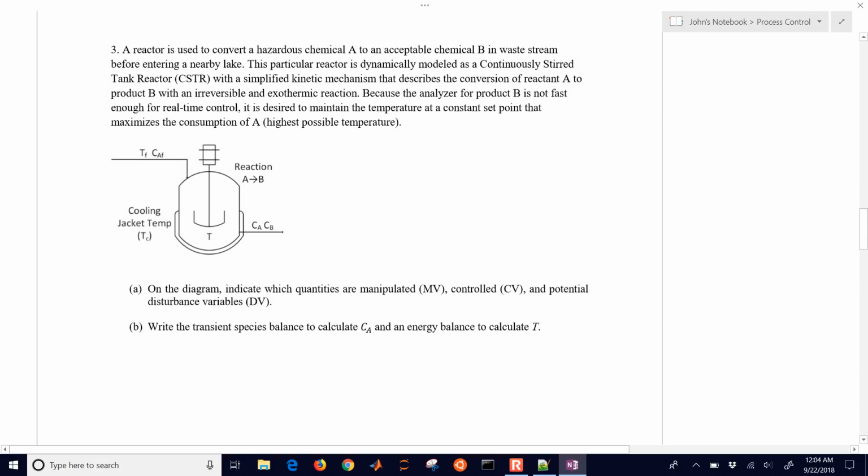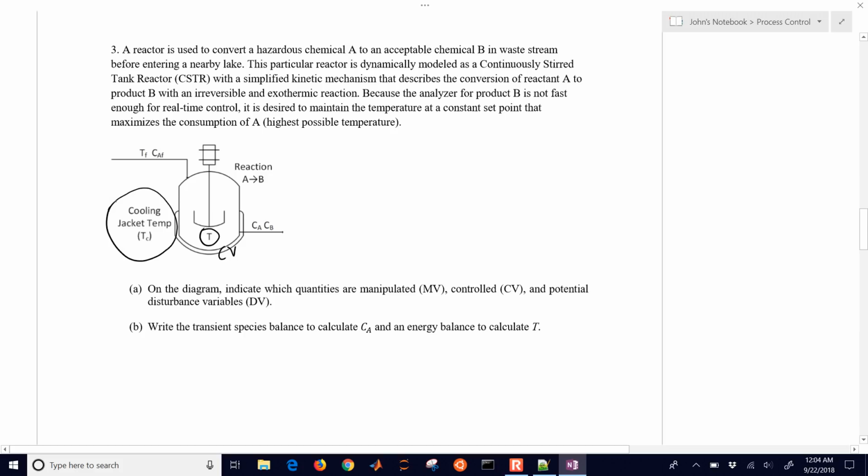Now this is a different approach for obtaining a model. This would be from a first principles approach. On the diagram, indicate which quantities are manipulated variables, controlled variables, and potential disturbance variables. In this one we're trying to maintain a certain temperature of a reactor. So that is going to be the controlled variable.